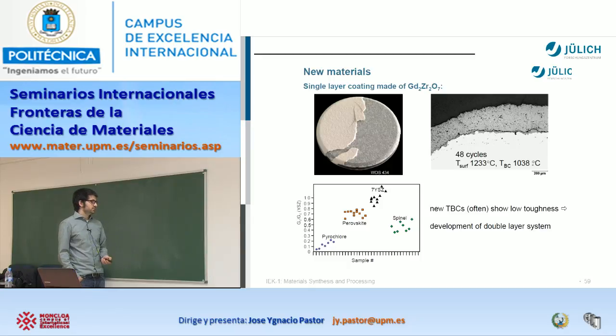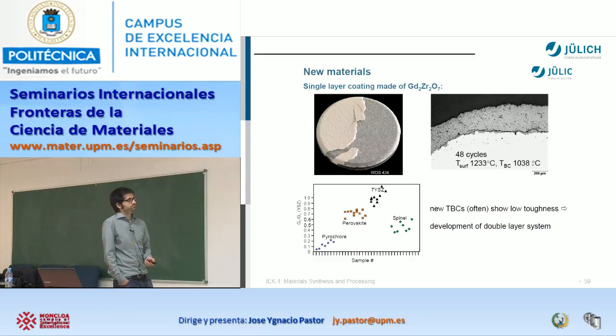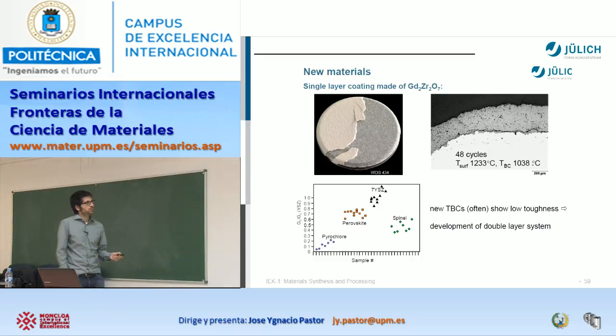And this is totally critical. Also these new TBCs typically show low toughness, and this is a big problem because the cracks can propagate, leading to spallation of the material, and this is the idea of the double layer that I told you about at the beginning.